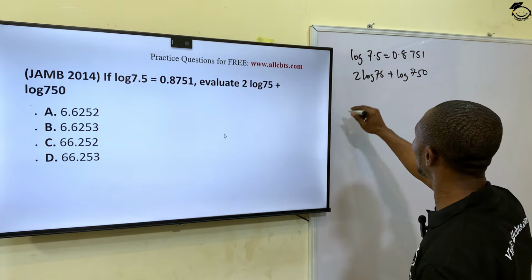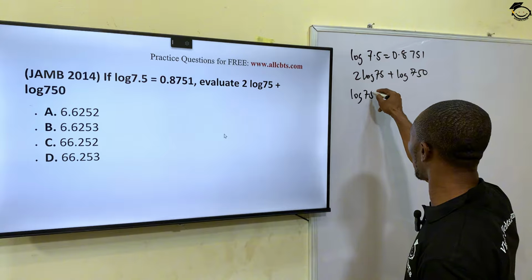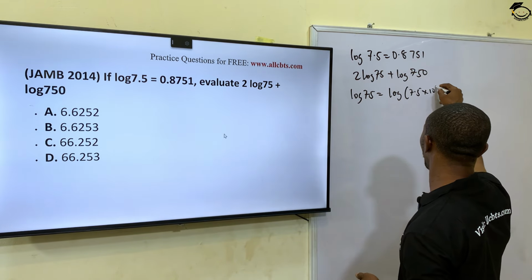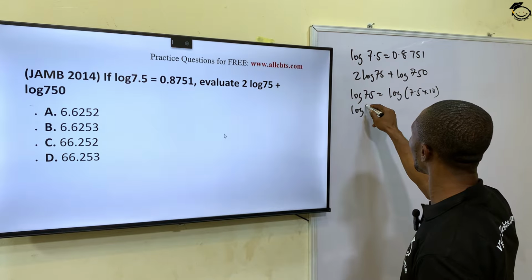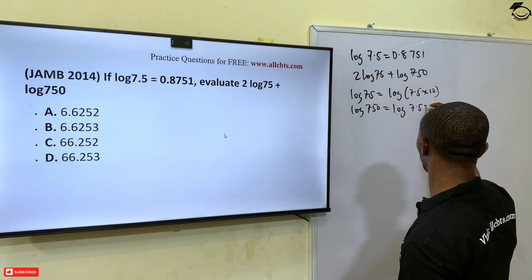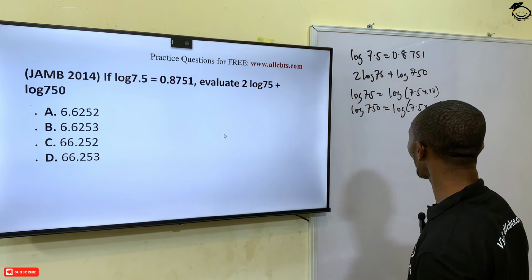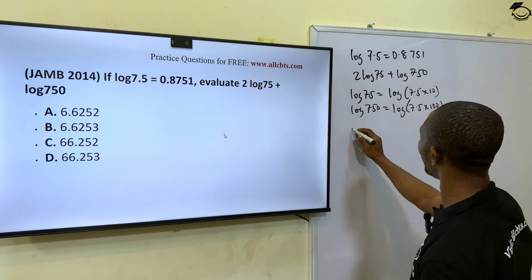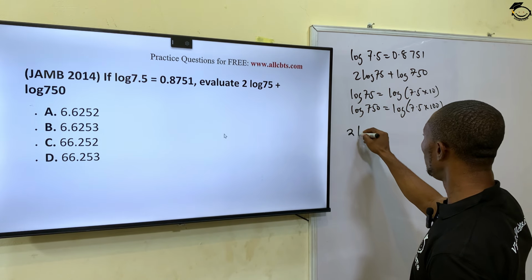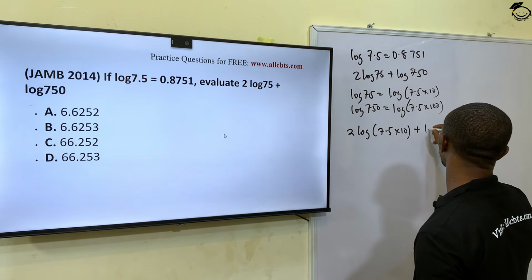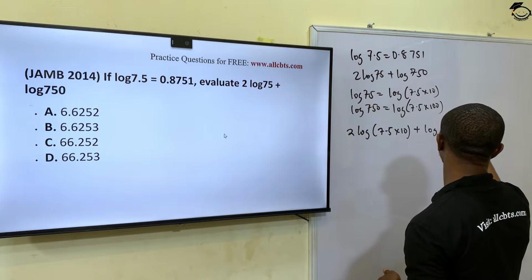Now, in evaluating this, we know that log 75 would be log 7.5 times 10, and log 750 would give us log 7.5 times 100. All right, now replacing this, it becomes 2 log 7.5 times 10 plus log 7.5 times 100.